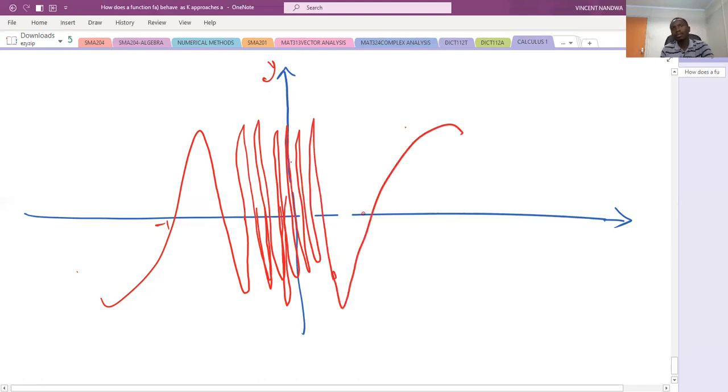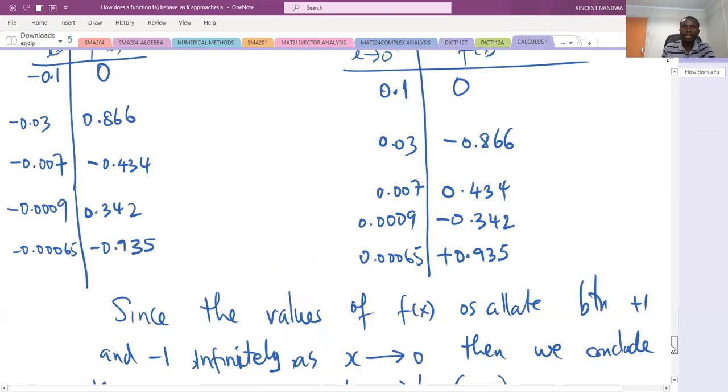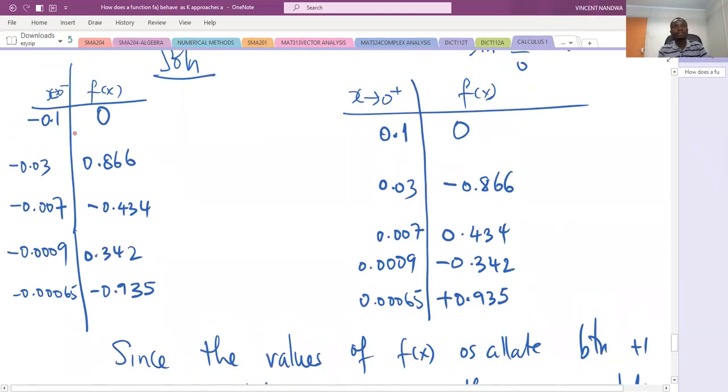Then that's what we have. So they are split around this point. So you can't really say that this is a value that the function is going to attain. So y equals sine pi over x. So the limit doesn't exist. So this does not exist for this given problem. And easily it can be seen from the values we have picked in this table. We can't say that as we move closer to 0, the function f of x is approaching any given value because of these oscillations.